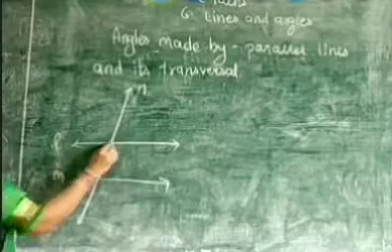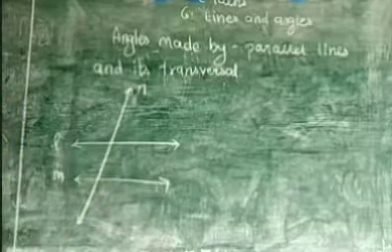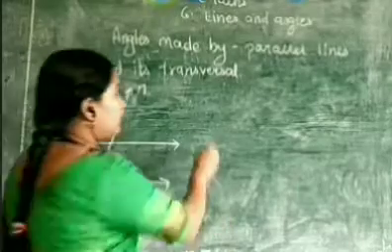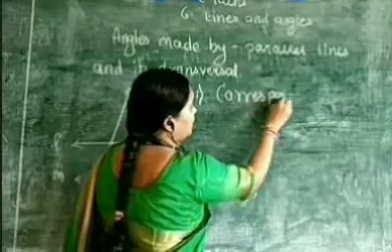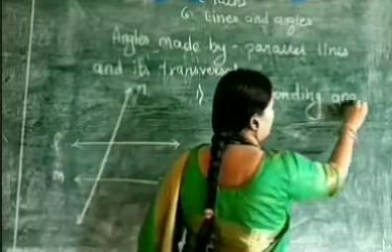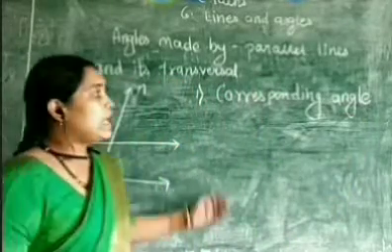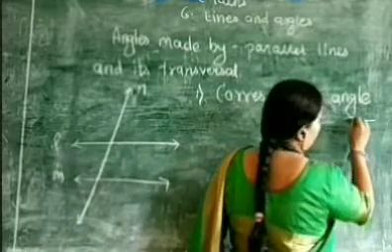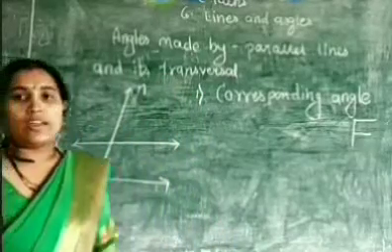Whenever the lines are parallel and a transversal intersects them, some angles are formed. Which are those angles? The first one is the corresponding angle. The letter used to identify this angle is F. Wherever you get the letter F, it forms corresponding angles.